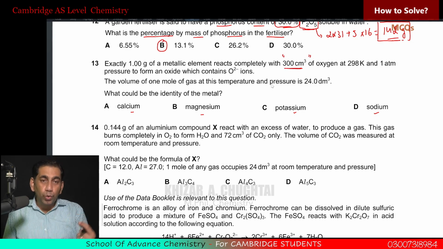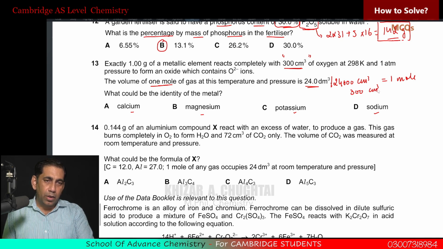What is the use of this volume in centimeter cube of gas? It can be changed into moles because it's given that the volume of 1 mole is equal to 24 dm cube, or 24,000 centimeter cube. So 24,000 centimeter cube is equal to 1 mole.